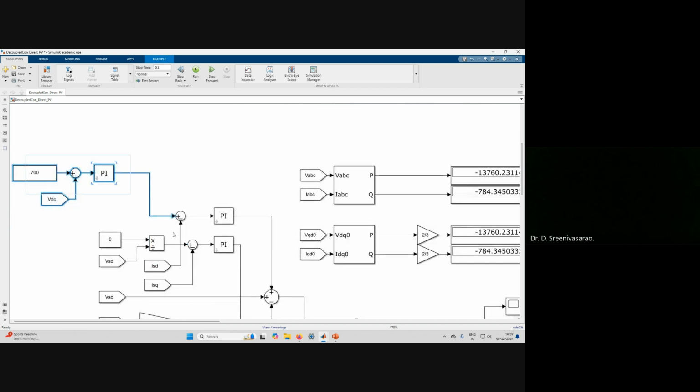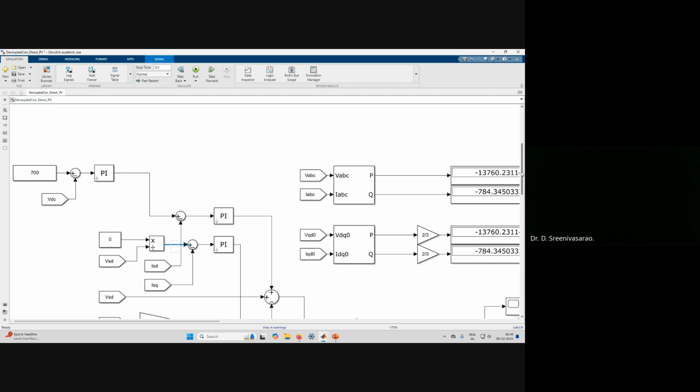Next, you also need to control the reactive power. I want to make the reactive power 0. That means both the currents and the grid side voltages are in phase. So I made this reactive power 0. As we discussed, Q is equal to VSD into IQ, so this gives you the IQ star. This gives you the ID star and this gives you the IQ star.